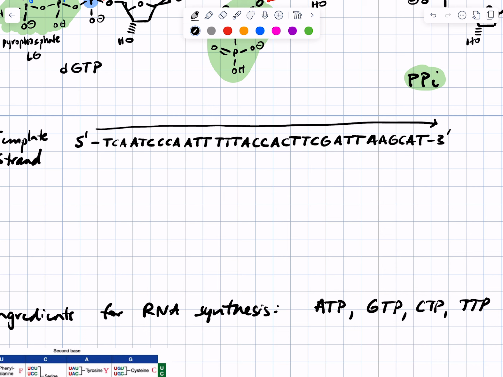Just remember A's match with T's and G's match with C's. You have to think a little bit to do it. Nature doesn't have to think to do it. Nature uses hydrogen bonding and shape to put the right nucleotide triphosphate in the active site to be complementary, and then insert the right base and do the reaction.